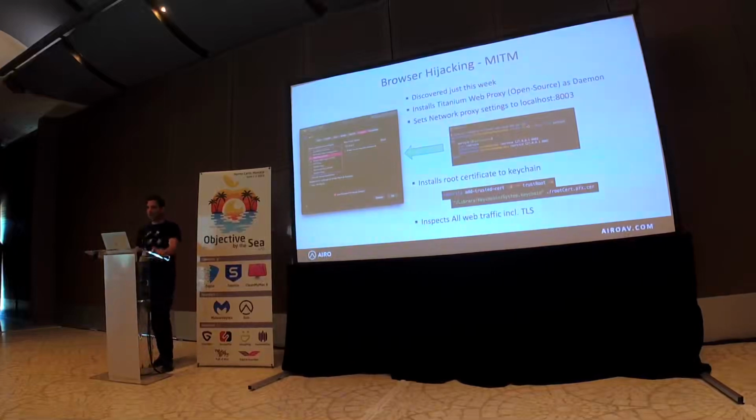They run it as a daemon, and it sets the network proxy settings to localhost at port 8003. Then it installs a root certificate to the keychain. So basically, it allows them to inspect all web traffic, including decrypting SSL.